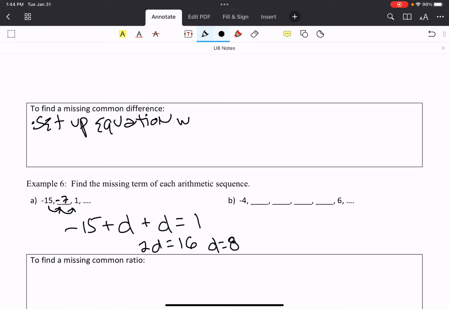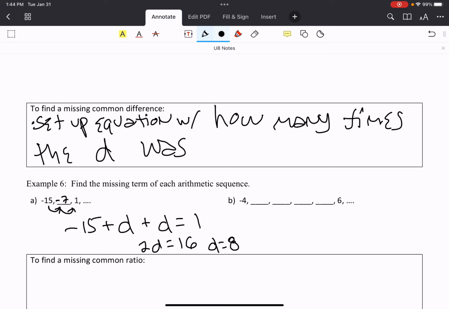I feel like what I want to write here is not going to make any sense, but maybe I'm wrong. Maybe it'll make sense. Set up equation with how many times the D was added. Does that make sense to you? It does? Oh, sweet.